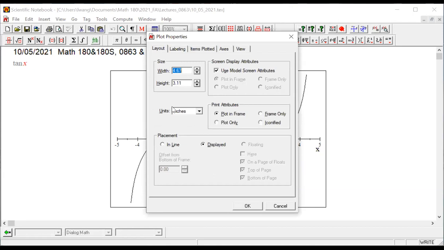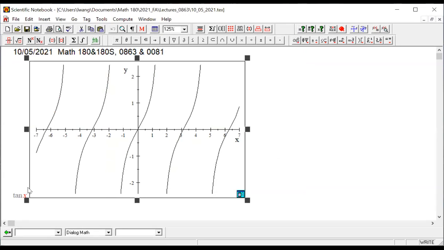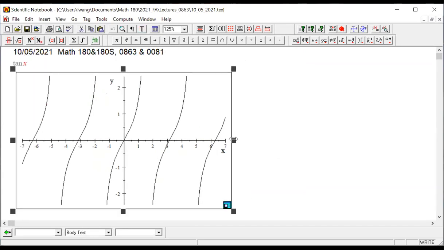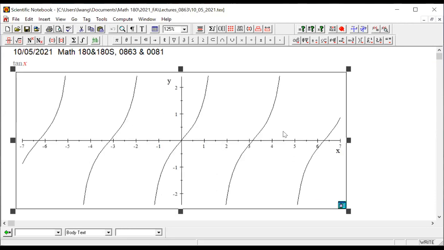So if I put this in perspective, that's a tangent. Is this even or odd?